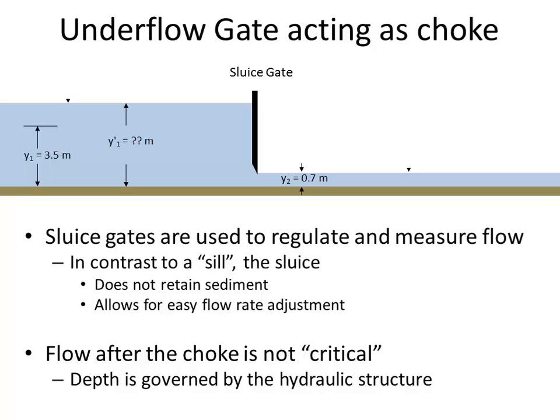And that total amount of specific energy of 9.125 meters, that represents E2 required for flow. We're going to find out if the original amount of specific energy available can provide that, or if choking had to occur.